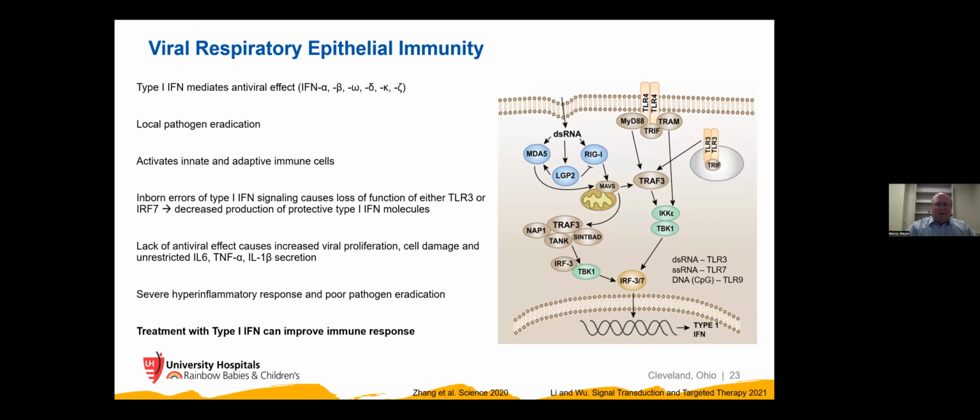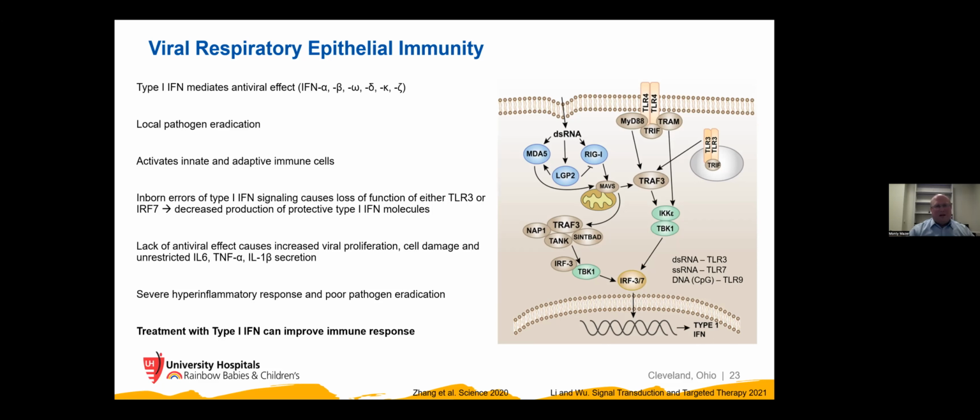Shifting gears for a minute, just to talk a little bit about what I think is an important mechanism of antiviral response, since at least in the pediatric ICU, many of the patients that we see start with viral illnesses, especially respiratory ones. Viral respiratory infections cause secretion of type 1 interferon, so interferon alpha, beta, and several others, as opposed to the interferon gamma that's secreted by T cells.